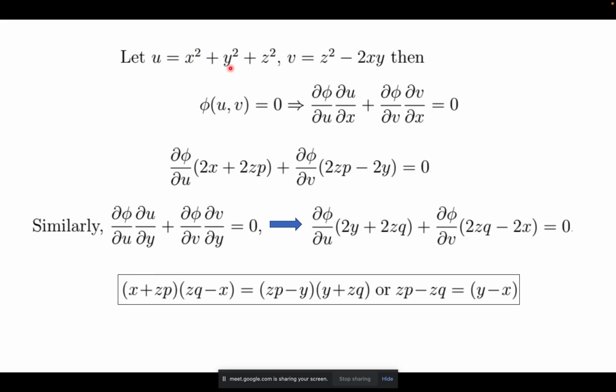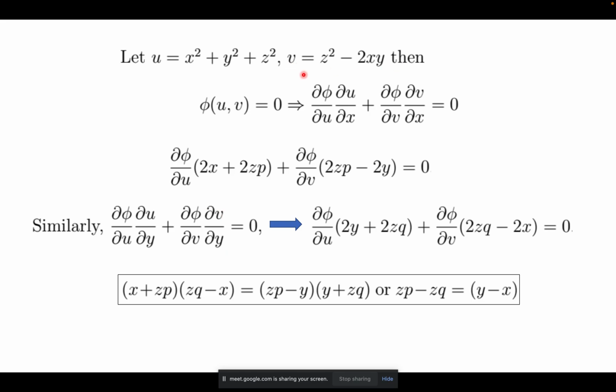The derivative of x square with respect to y will be 0. The derivative of y square with respect to y will be 2y, right? So you have 2y here. And the derivative of z square with respect to y will be 2 times z times del z by del y. And as you know, del z by del y can be written as q. So you have 2y plus 2zq, right?